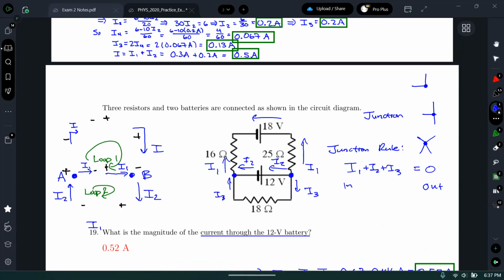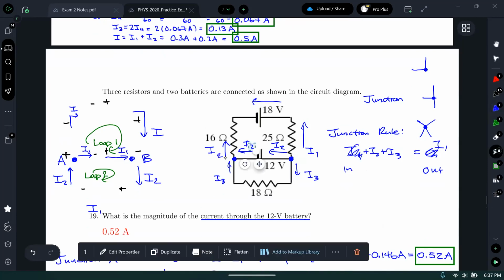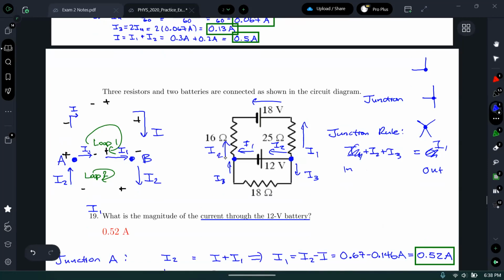That would just change my junction rule to now I1 is not going in, it's going out. I could have labeled that as I2 instead, and then called the one that I'm calling I2 right now I1. In that case, now I've got I2 going out and I1 going in. So my junction rule would become this.